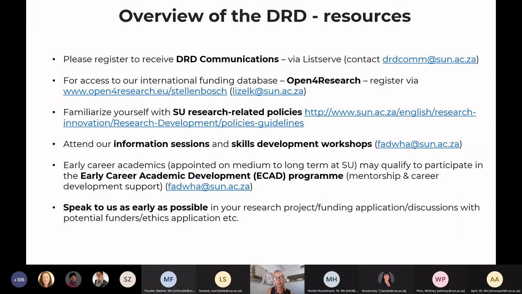And for those academics, and here I'm speaking only about people appointed on the SU staff as academics, there would be an opportunity to participate in that program where you will be able to have a mentor. You will get some support for your career development, and you will also have the peer support of early career academics in the program as a group.